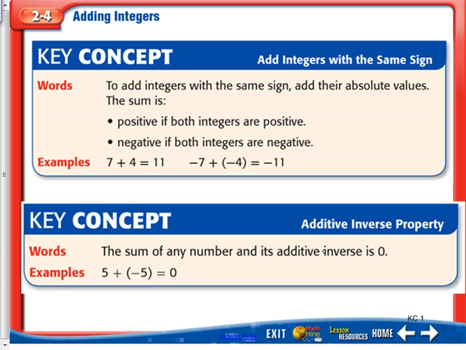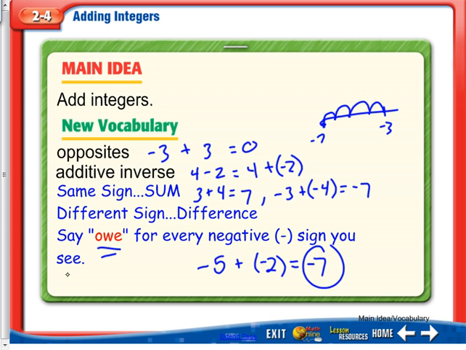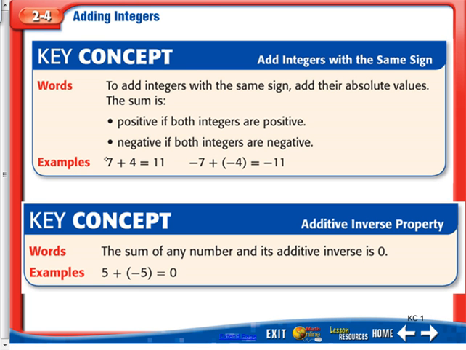All right, so let's try it out. You can read through this. This is just what I was talking about there. With the same sign, we find the sum. Thinking again about money, whenever I have a positive, I'll say "have," and I'll do that for positive numbers. So here, I have $7 and I have $4, so I have 11 total.